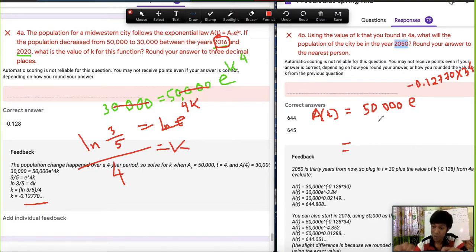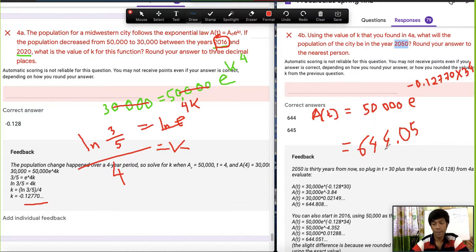You can do it on your own paper too. If you do the math on paper, you will understand it better. So my answer came 644.05. So we get the answer this way.